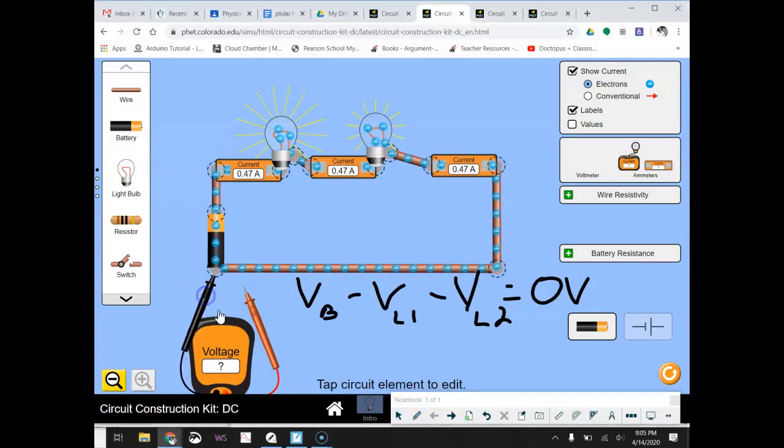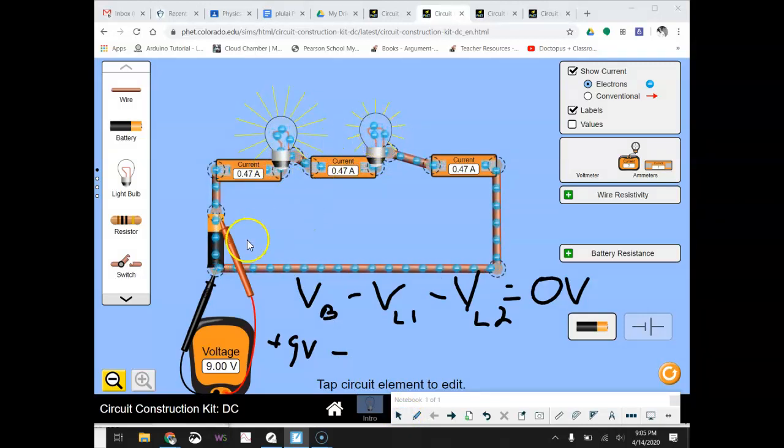We didn't make any changes to the battery, so if that's 0, this top end is 9 volts. So down here, I can say I'm at plus 9 volts. Then we can check this bulb, and after that, we'll try to predict what the other one was.